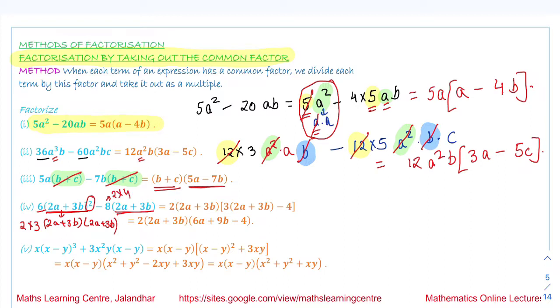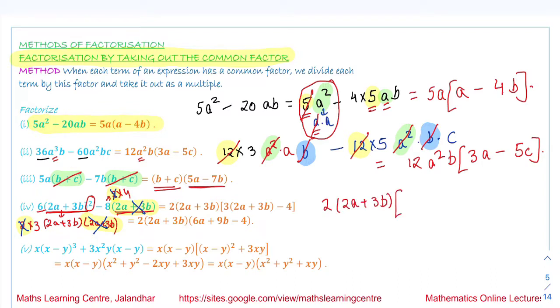So what is common over here? It is 2a plus 3b and this 2. So we have taken the term 2 into 2a plus 3b as common.